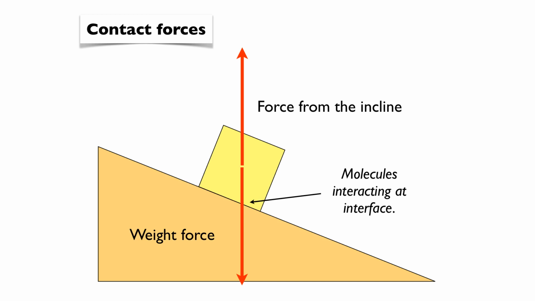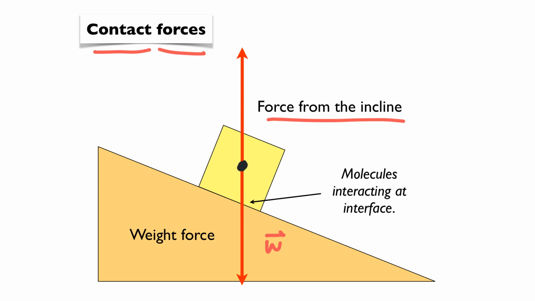Now we want to take a look at contact forces, okay? Suppose I have a box which is sitting on an incline. We know there's a downward weight force acting on the box, but the box isn't accelerating. The net force is equal to 0, so the incline must be providing a force that is directed straight up.